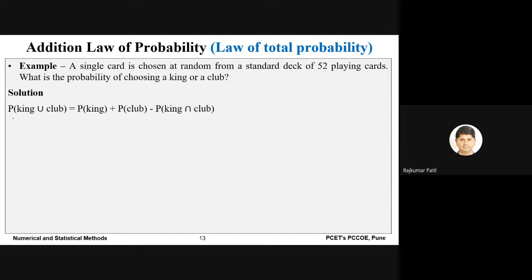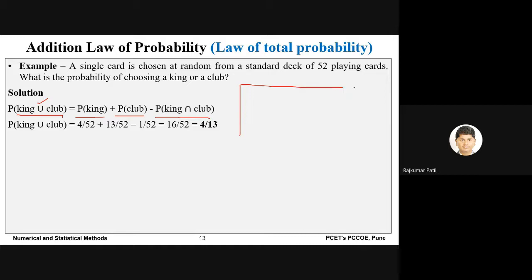So probability of getting king or club, and that's why you can see probability of king union club is equal to probability of getting king plus probability of getting club minus probability of getting king and club, that is the overlapping area. Okay, so once again we will start.